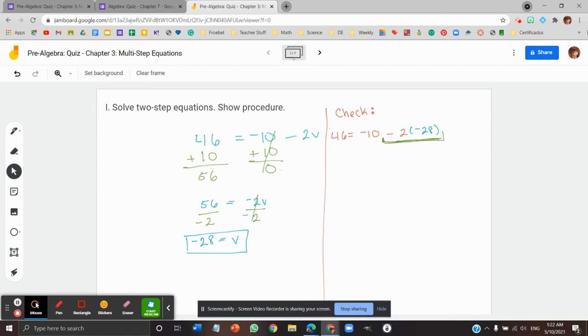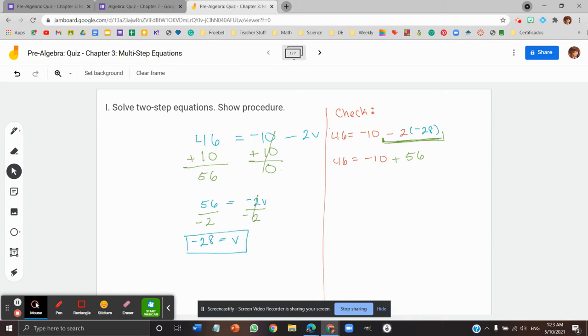I take the whole term. Negative 2 times negative 28. And again, I have negative times a negative is going to be a positive number. And 28 times 2 is 56. And I can put everything else just like it was.